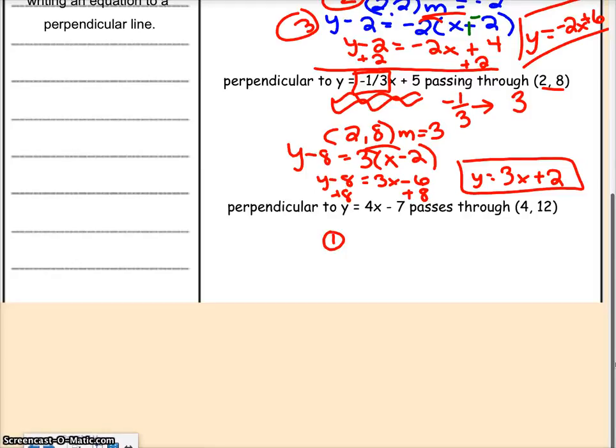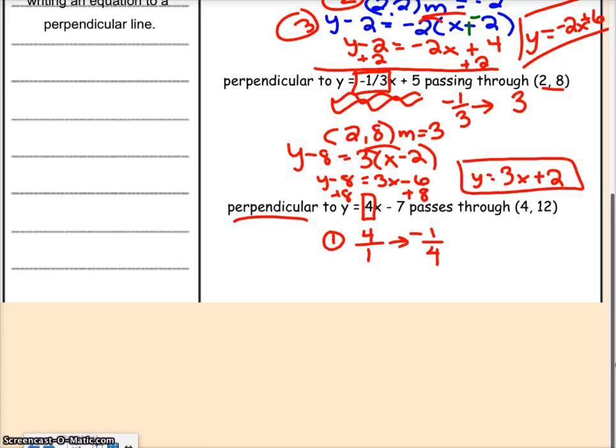Step 1 is my slope. So if I'm parallel to this, just kidding, I'm perpendicular. If I'm perpendicular to 4 over 1, then my perpendicular slope would be flip it, make it negative. That's my slope. Step 1, slope.